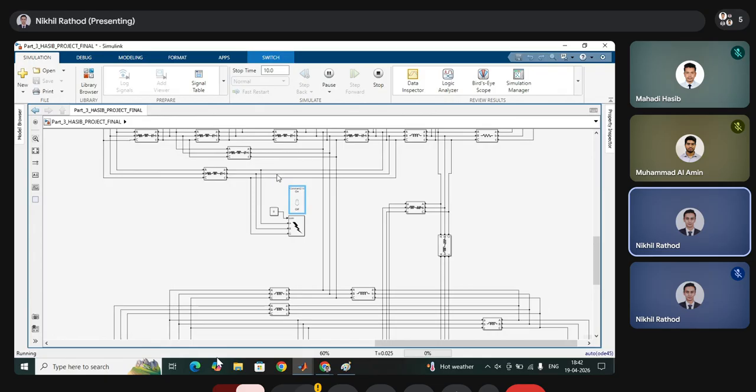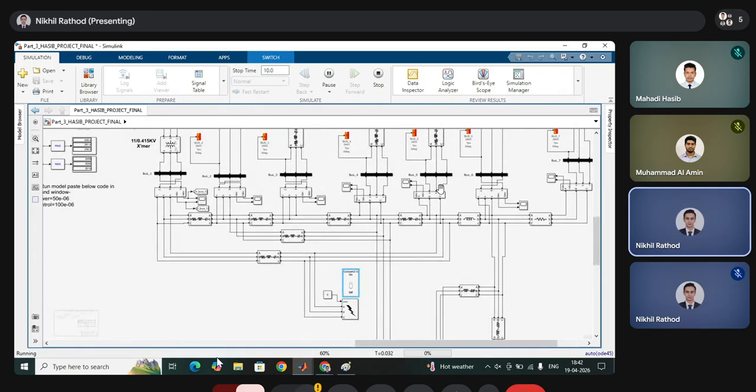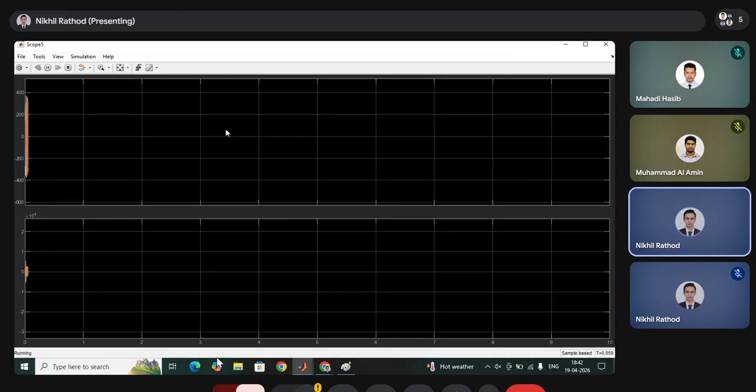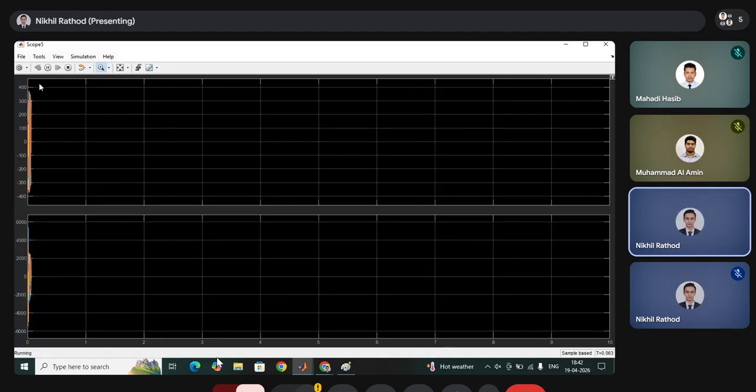You can see the model has started, and if you want to check the waveforms, initially it takes some time to stabilize, due to the battery and the different sources that we have used. But after some time, it is clear and stable.